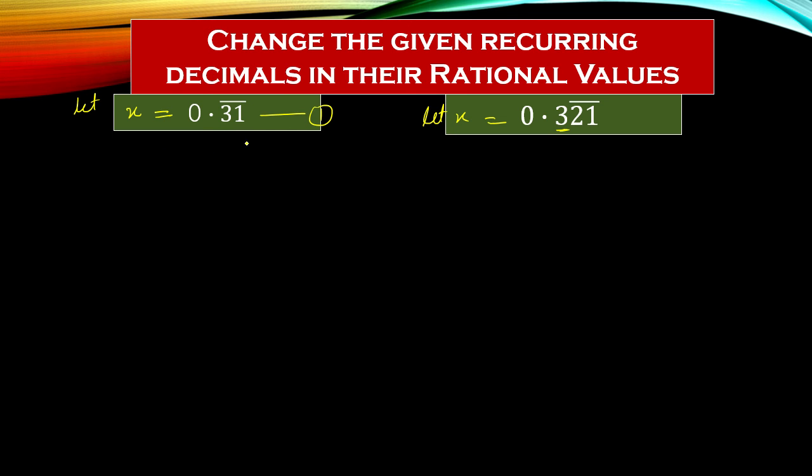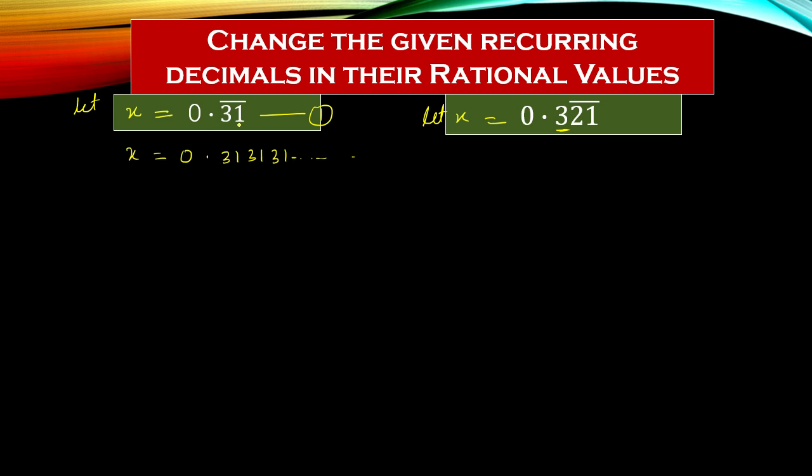Now what is the next step? If we write this as 0.313131 and so on, what is the next task? The bar is above 3 and 1.